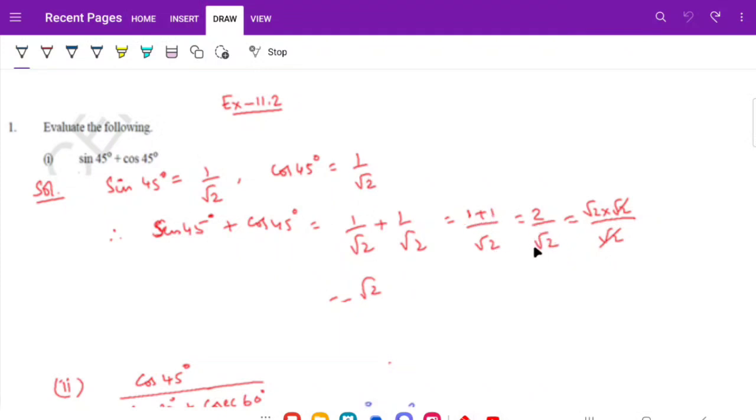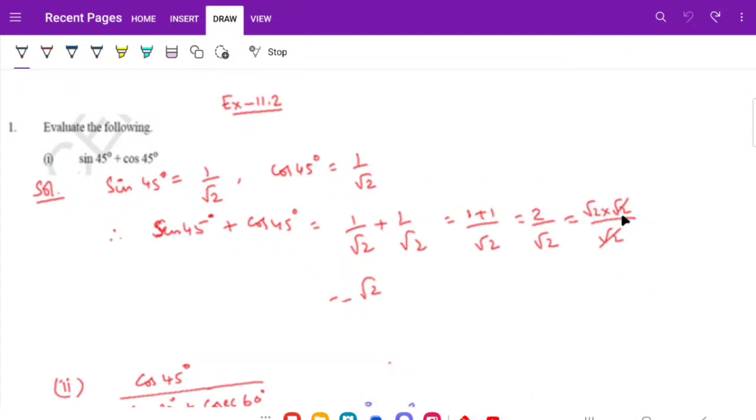Whenever you get a square root in the denominator, you have to convert it and remove this square root. So we have to perform some operation to remove this root 2. That is what is called rationalizing. So 2 by root 2. In this case, 2 can be written as root 2 into root 2, right?